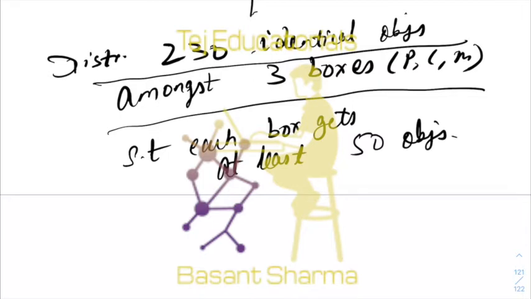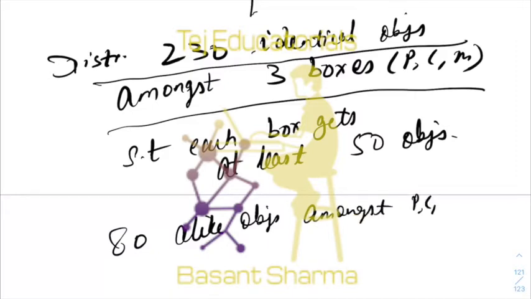So the problem now remains to distribute 80 alike objects amongst P, C and M. Now how many ways are there? That is 80 plus 3 minus 1 C 3 minus 1, so 82C2.